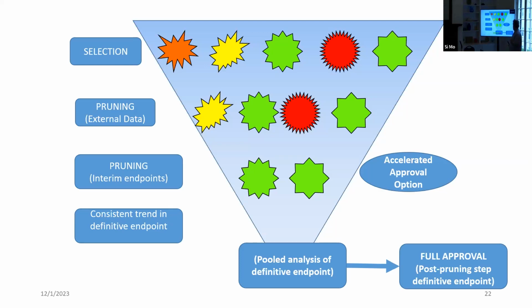What it does is control the false positive rate. The false positive rate is the same as if you had studied each of these individually in its own study. But there are some people who will probably say that's still not enough.